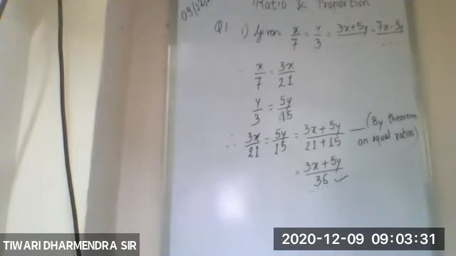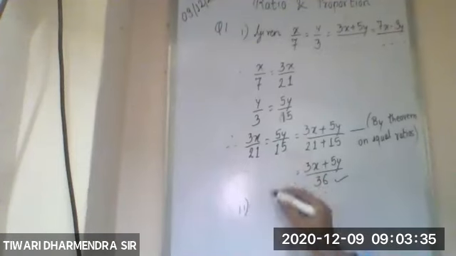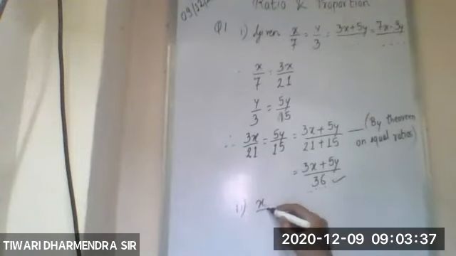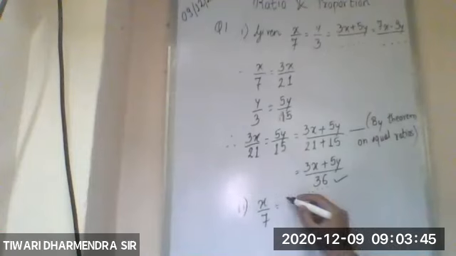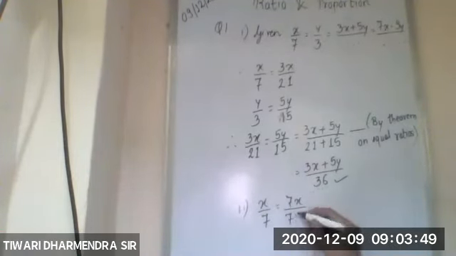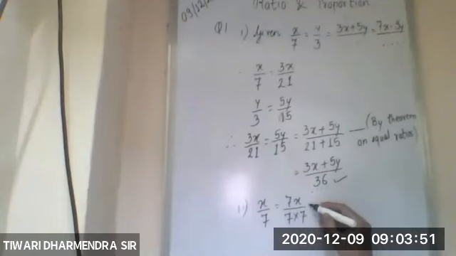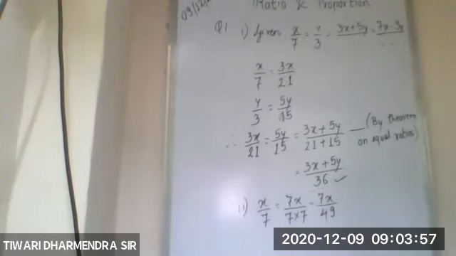So therefore, second part, x by 7 is equal to, the requirement is 7x, so 7x upon, you can write here 7 into 7, no problem. So 7x upon 7 into 7, which is 49.